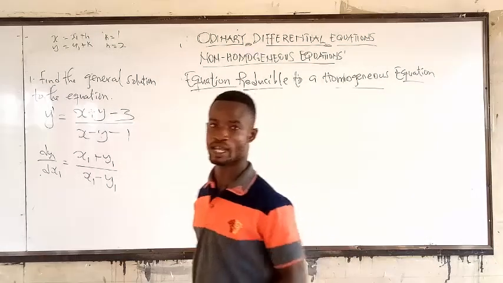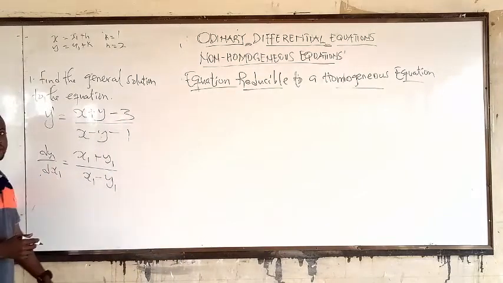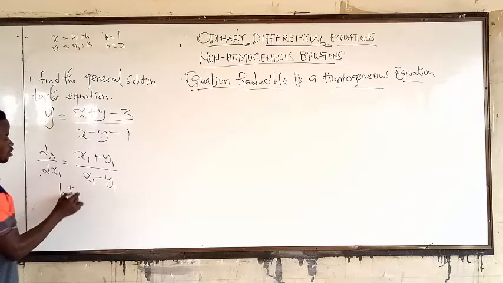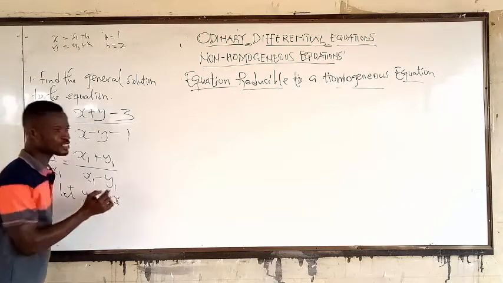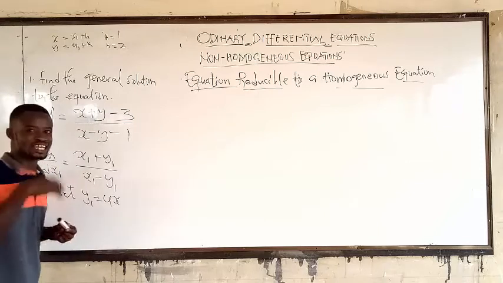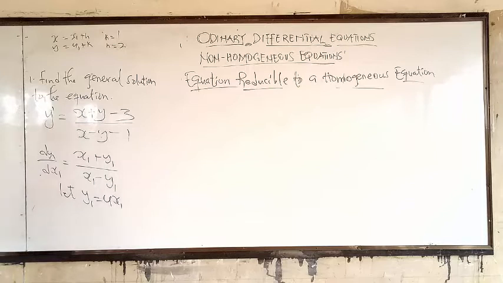Very good. Let's continue. So here we solve this using homogeneous. So let y1 be equal to ux. But here it's not just x, but x1. Don't forget that.